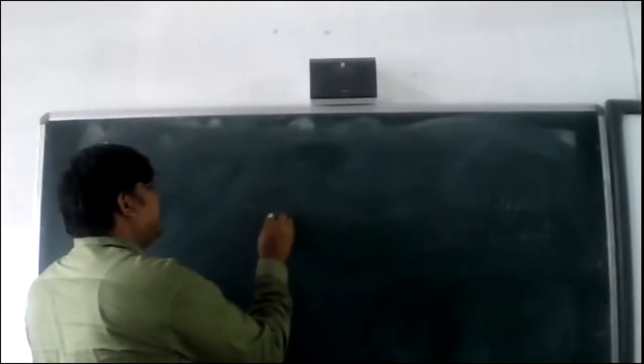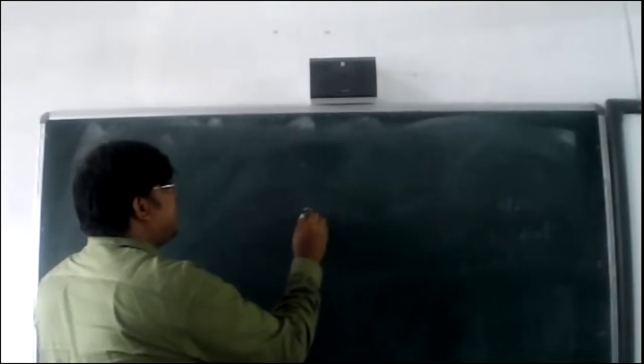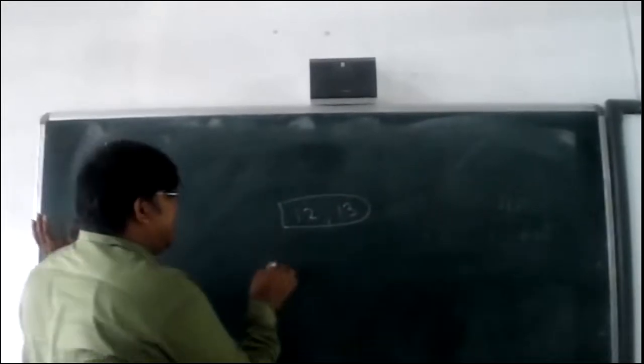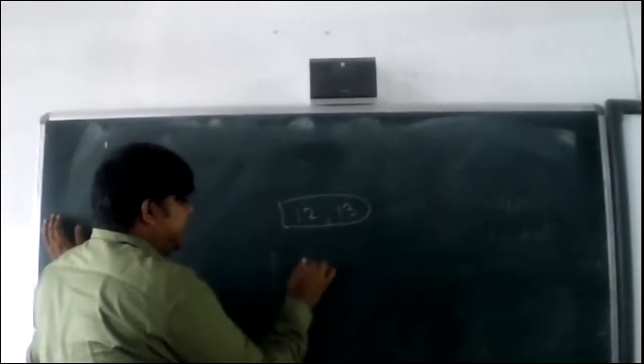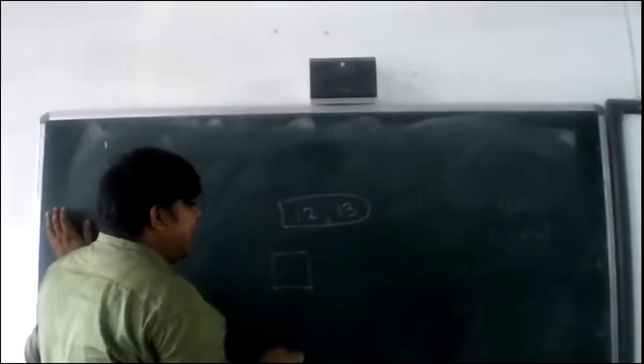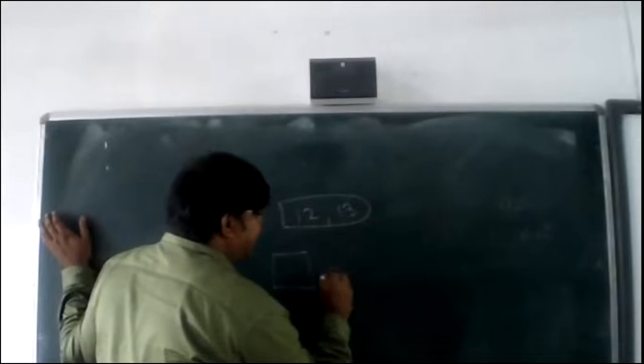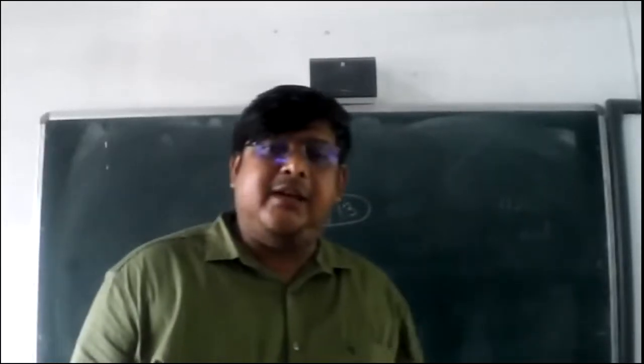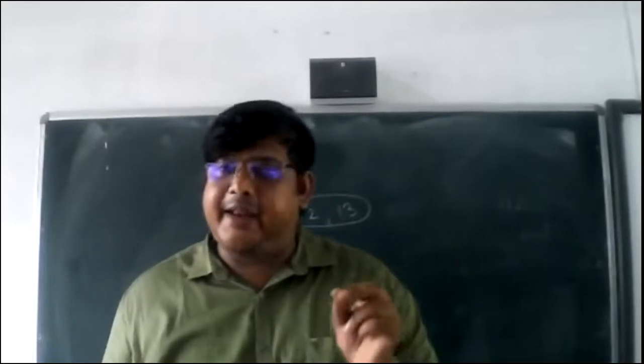Example: suppose we have to add two numbers, 10 and 14. How will we write this? First of all, we have to select any cell. Suppose this is the cell that I have selected. I will click on that cell and type the equal sign, because always keep in mind that in an Excel sheet the formula always starts with the equal sign.